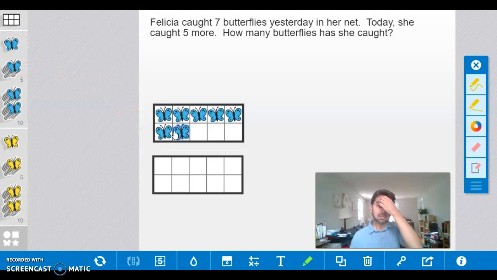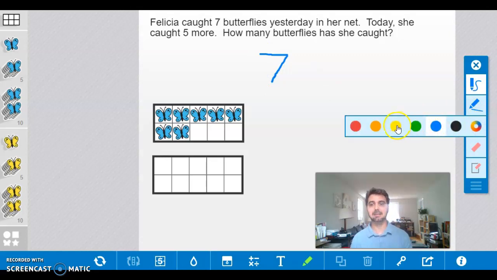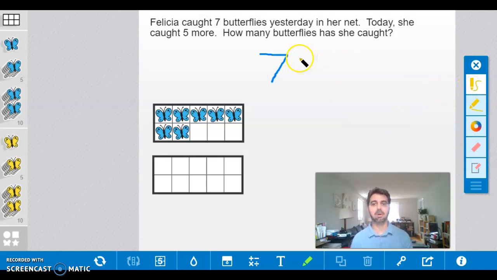Okay, so we have 7 butterflies. Let's write that down. 7 butterflies. And we need to add how many more? Because yesterday she caught 7, but today she caught 5. So we're going to add 5 more.